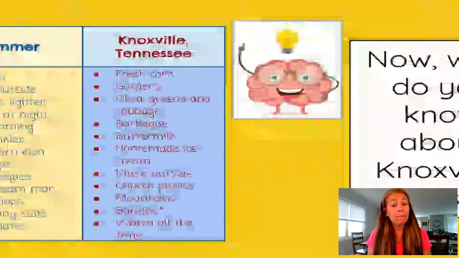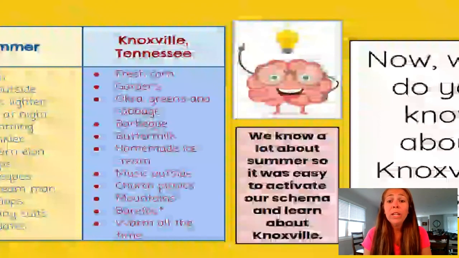So you might see that there are some similarities in things that we wrote down on the summer side and some similar ideas in the Knoxville, Tennessee side. We know a lot about summer, so it was easy to activate our schema and learn about Knoxville.